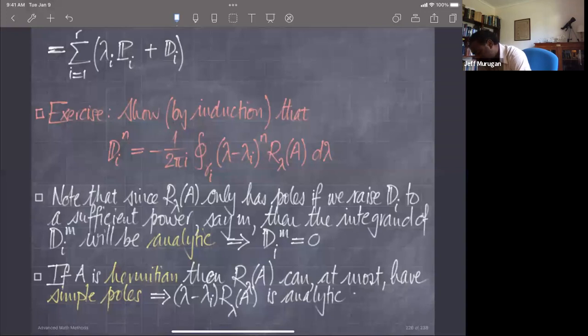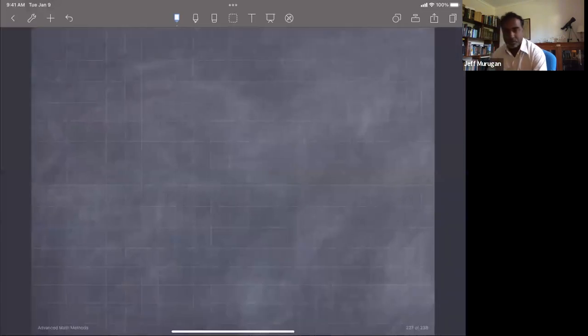And this in turn means that the di is necessarily 0 for all I. And this gives us what we call the spectral decomposition theorem.